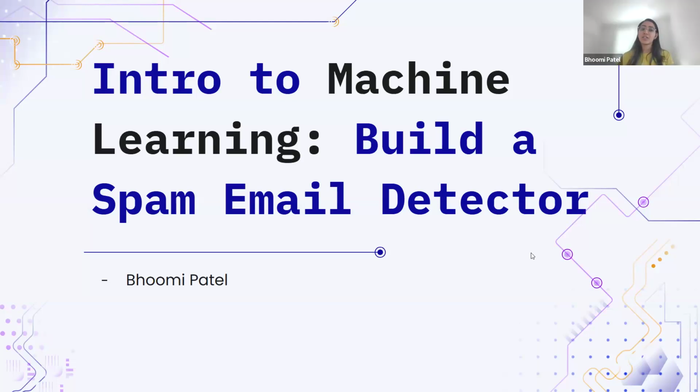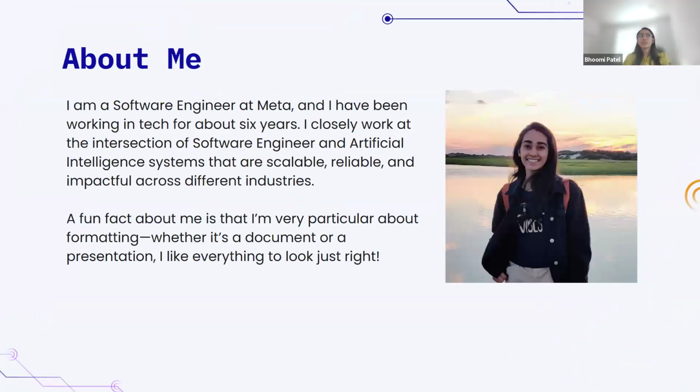Thank you. So the topic for today is intro to machine learning, and we will build a spam email detector doing this. So a little bit about me. I'm a software engineer at Meta. I have approximately 6 years of experience, and I work at the intersection of software engineering and artificial intelligence.